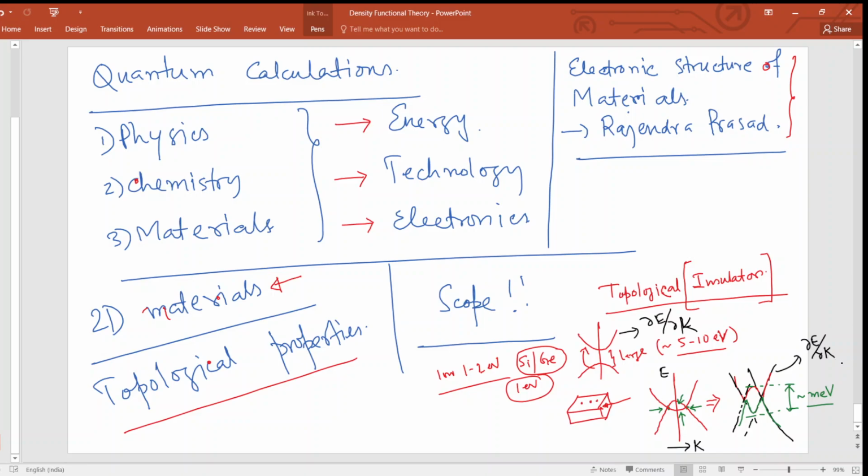What I'm asking is, you have something like this, and you have something like that. So the slope of which of these two is larger? Second one, right?